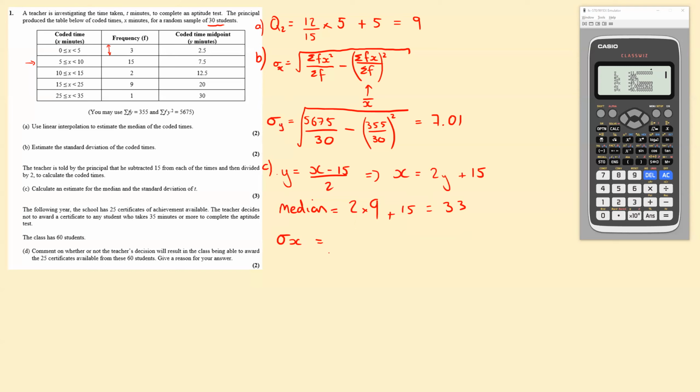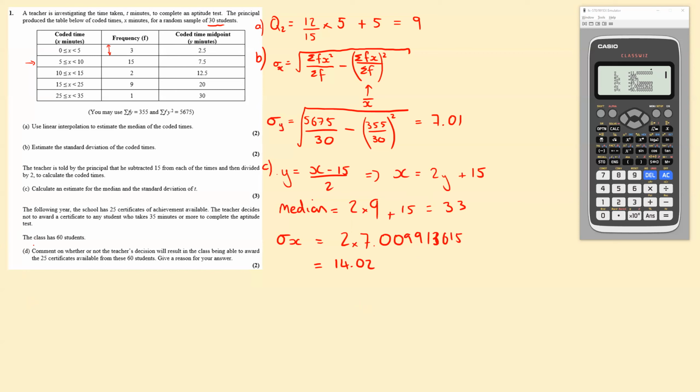The standard deviation for x is going to be 2 lots of my actual one up here, which in this case is 7.009, whatever it was. If I just put that in my calculator, I'll end up getting 14.02 when I round that to 2SF. That's it on there. So next up is D.